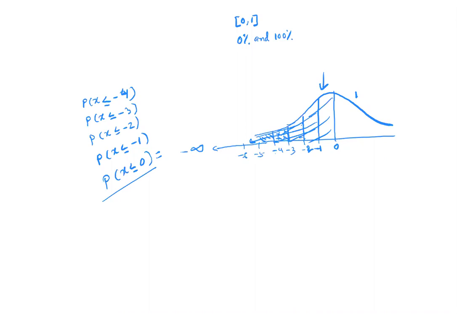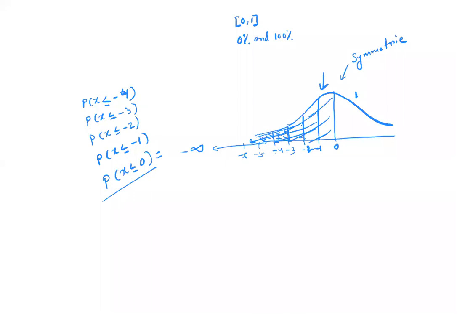So I just told you that a bell-shaped curve is what? Symmetric, isn't it? A bell-shaped curve, or normal distribution, is symmetric. So what does it tell you?